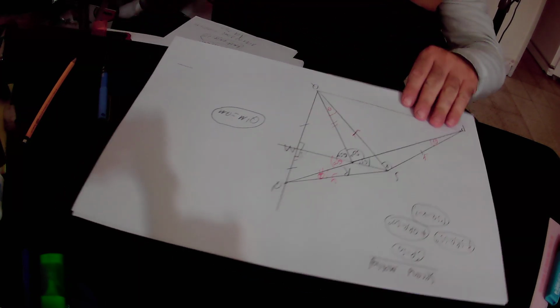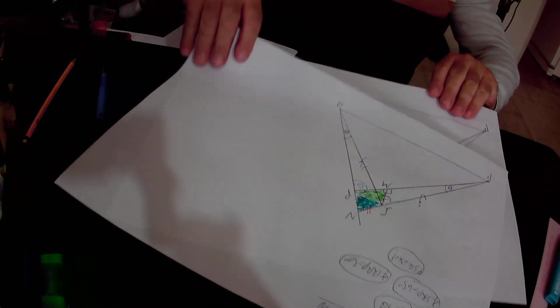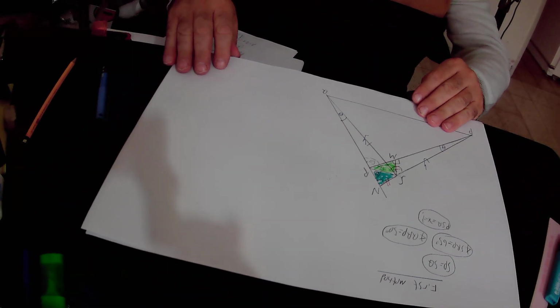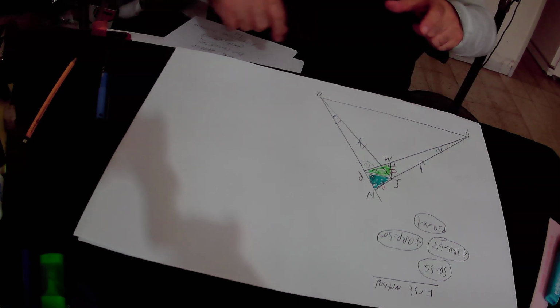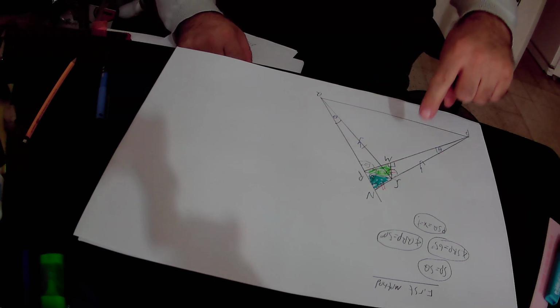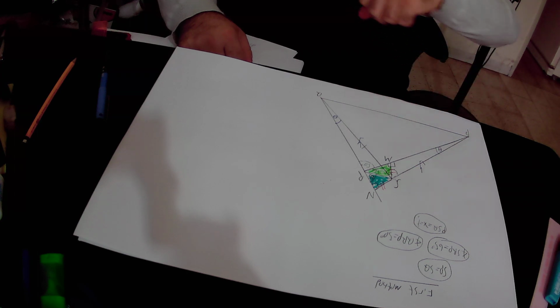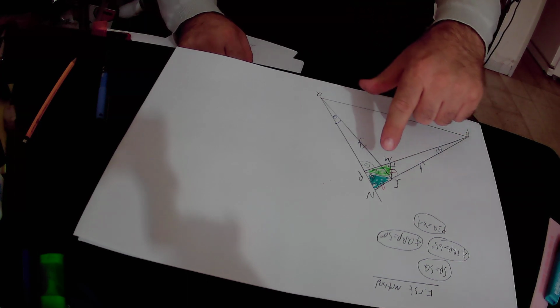In the first method, in order to find the value of angle X, we extended QR, and then from point S we drew a perpendicular to the extended QR.